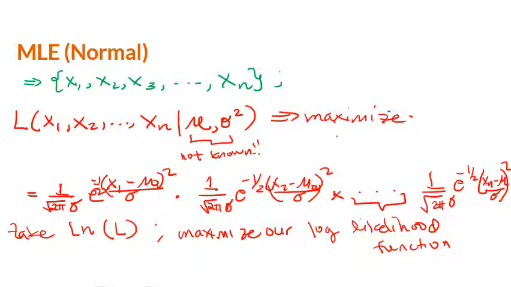So we have a product of n terms. If we take the logarithm of that, the logarithm would make it a summation. Okay, so we now have this likelihood function, and now we will take the log likelihood and then maximize our log likelihood function.